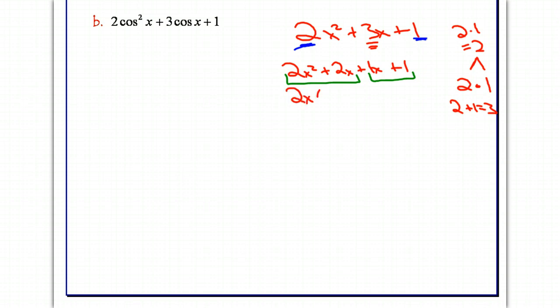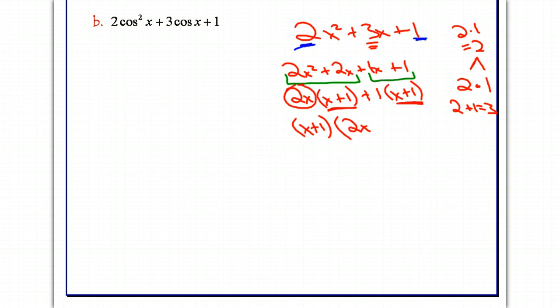A 2 and an x. We factor out that GCF, we get an x plus 1. The second two don't really have anything in common, so we'll just call it a 1. We get an x plus 1. And now look at that. They have this in common. Factor out that x plus 1. What's left? Here was a 2x. Here was a 1. And we factored that.